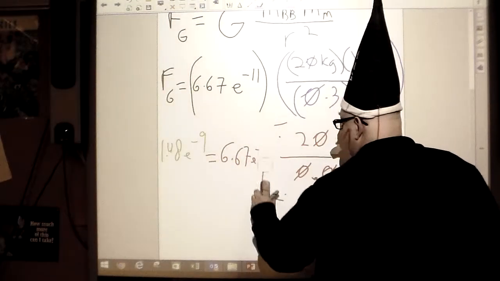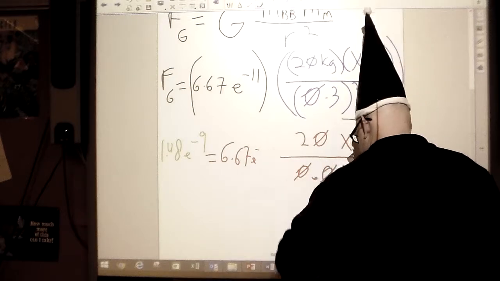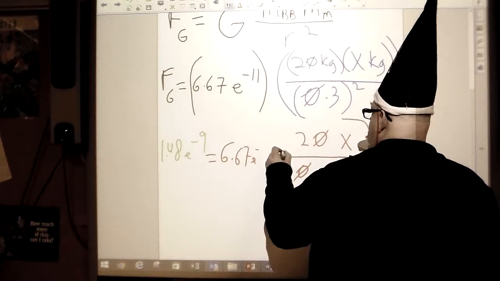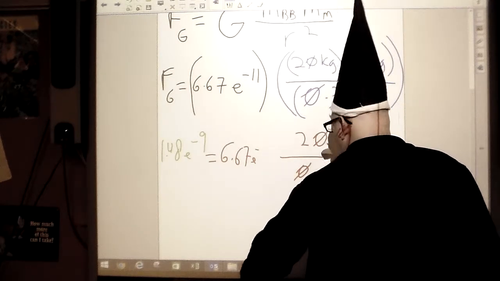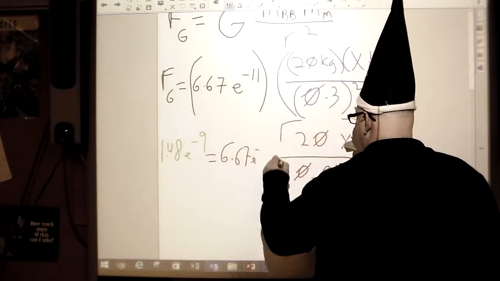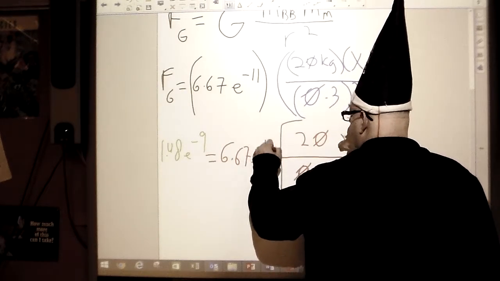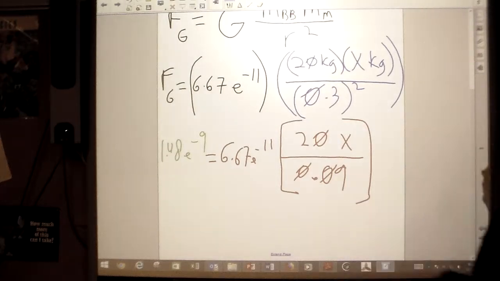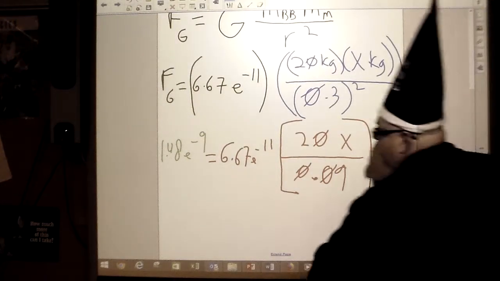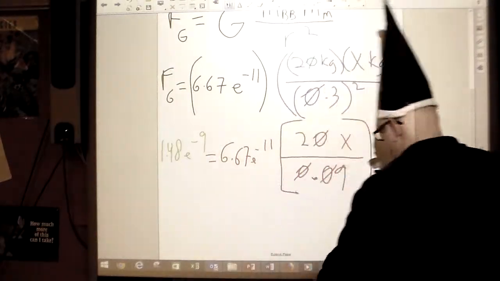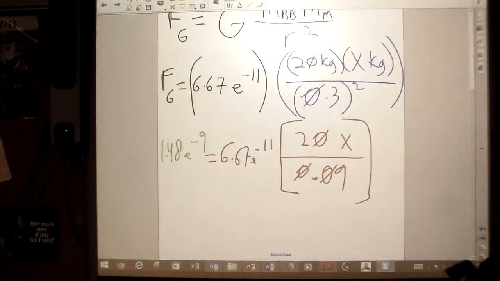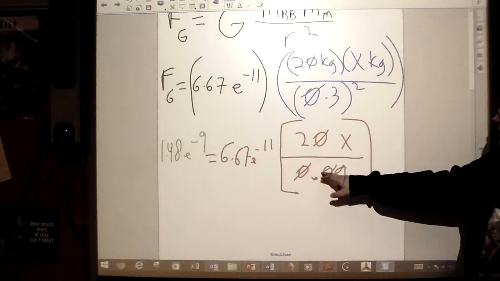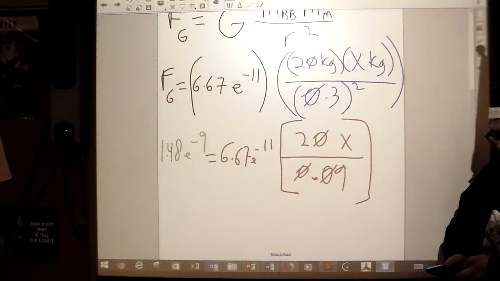Okay, this didn't turn out so well on the erase, so let's see if I can redo that. Okay, so with that, and then there we go. So that's what it looks like. That's where our problem is. This is 1.48 here, and now we're going to take 20x divided by 0.09.